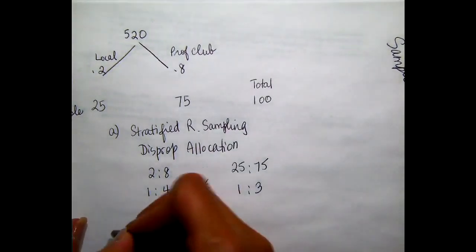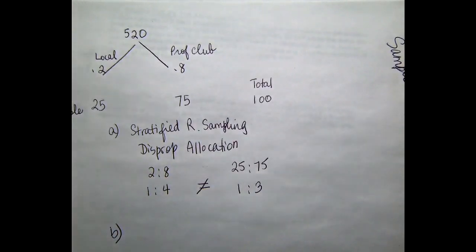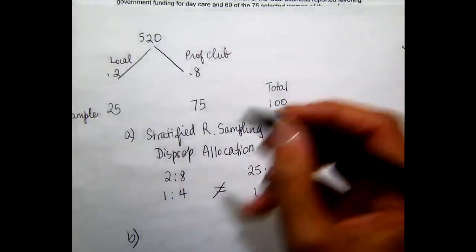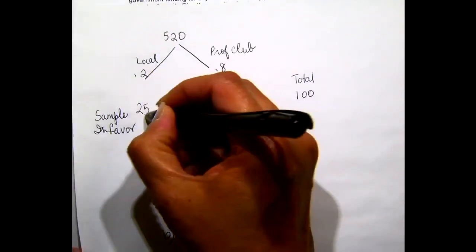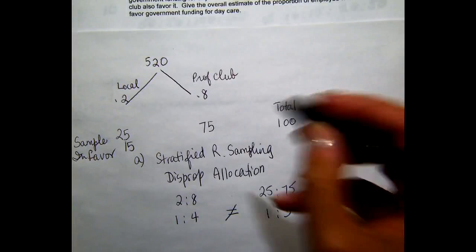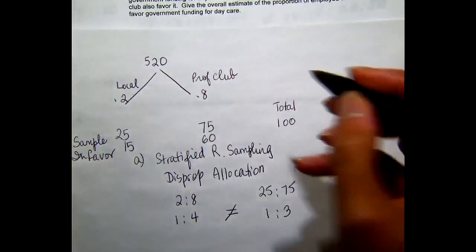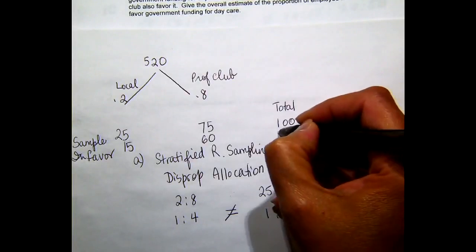Part B. Do you follow me? Part B. Suppose that 15 of the 25 are in favor. So let's write here in favor, 15 out of the 25, and 60 out of the 75.